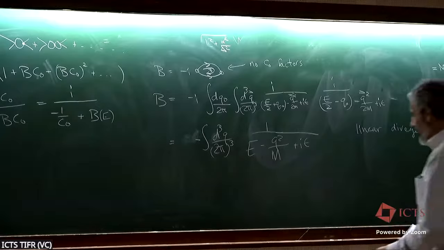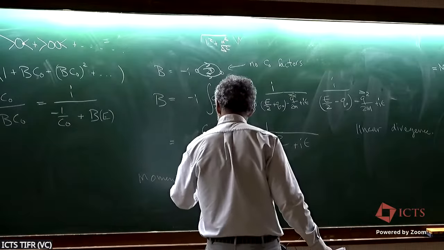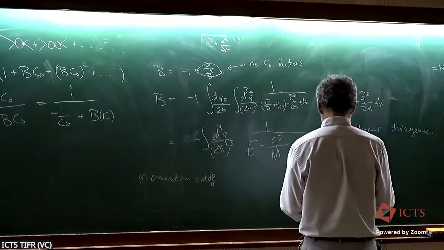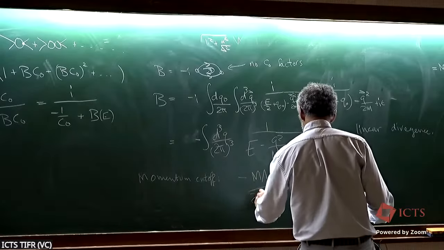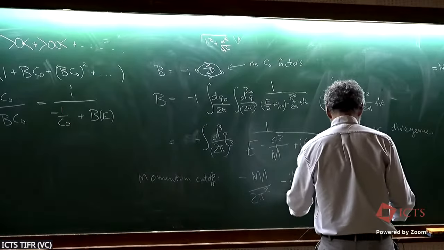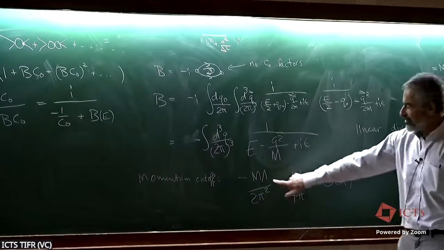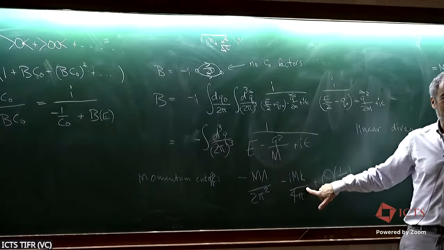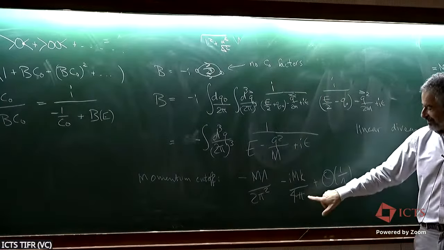If we do a momentum cutoff, we get that this is equal to minus m lambda over 2 pi squared minus i m k over 4 pi plus order 1 over lambda. So this is the linear divergence. This is the non-analytic piece that we expect from the fact that those two particles could have been on shell, root of mE.